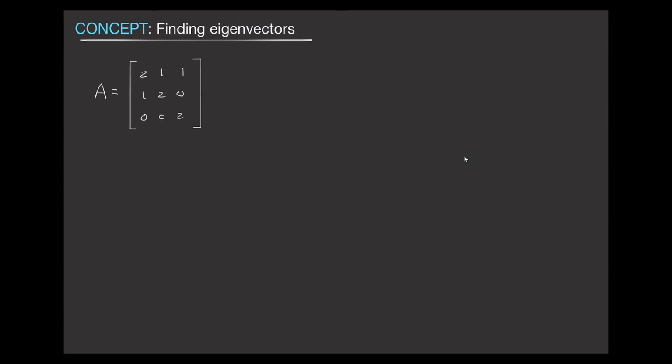Now, just as a reference, we won't go through this, but what you would get if you took the determinant of A minus lambda I, where I is a 3x3 matrix, in this case, because A is a 3x3 matrix. If you took this equation here, what you would get is a 3rd degree polynomial.